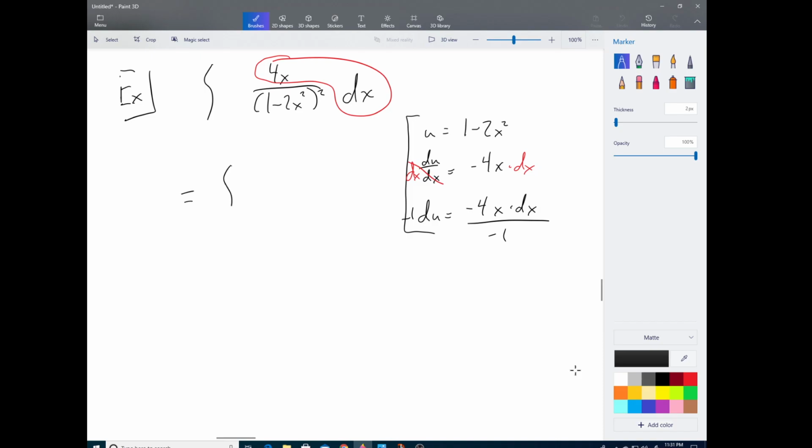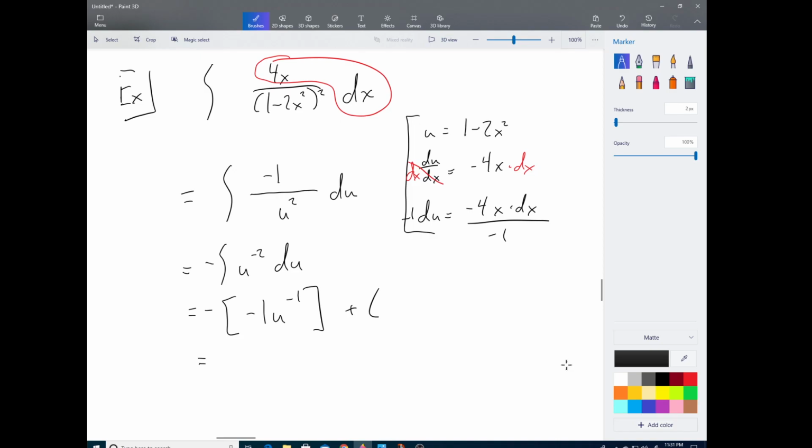So I now am going to have 1, or rather negative 1. I'm going to go ahead and put that negative 1 from the du on top, over u squared du, which will look like, let's go ahead and pull that negative out here, u to the negative 2 du, add 1 to the power, multiply by the reciprocal, but in this case, because it's 1, same thing as doing this, and add c out in front.